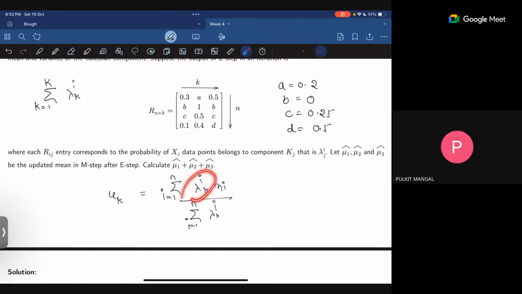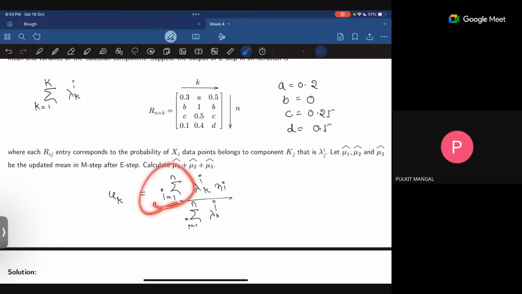If this lambda wouldn't be here, it would be just the normal average, but this updated mean is called the weighted average, and here the weight is given by this conditional probability.